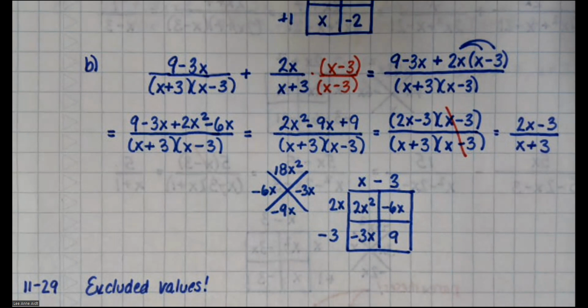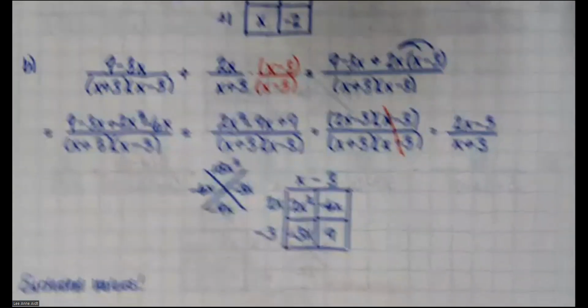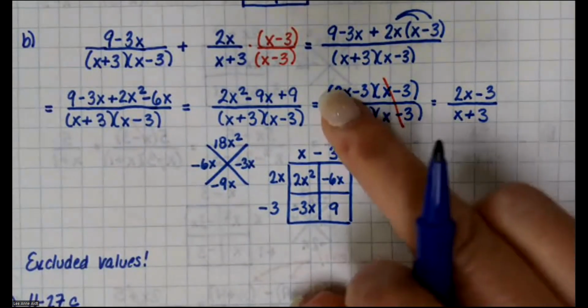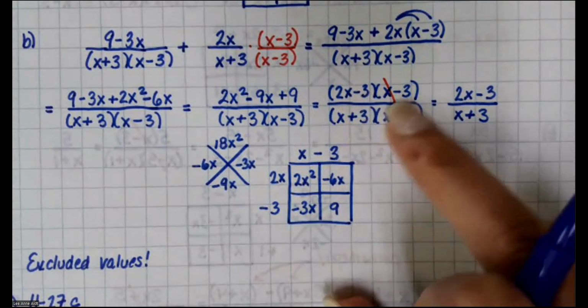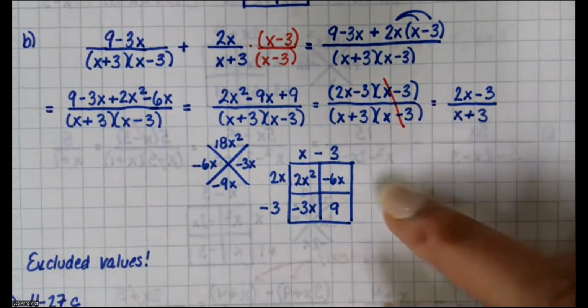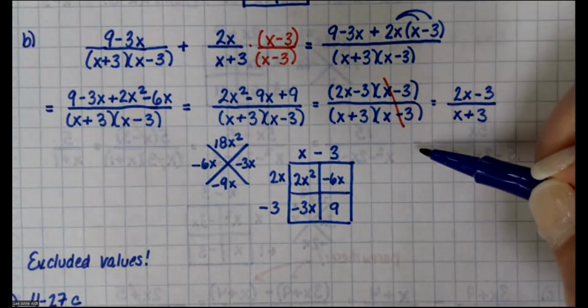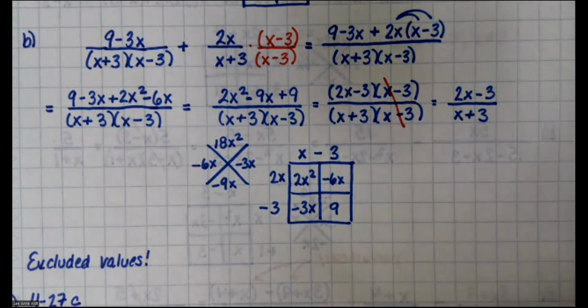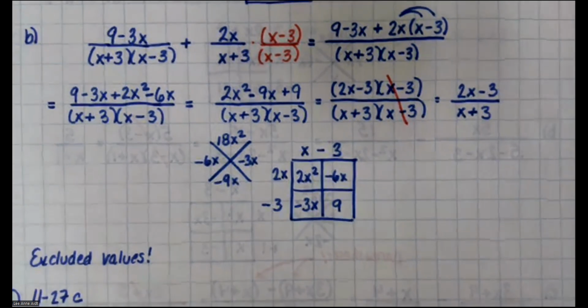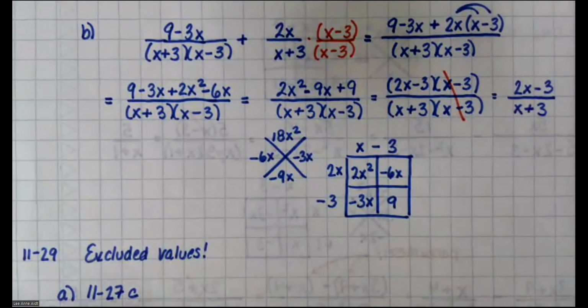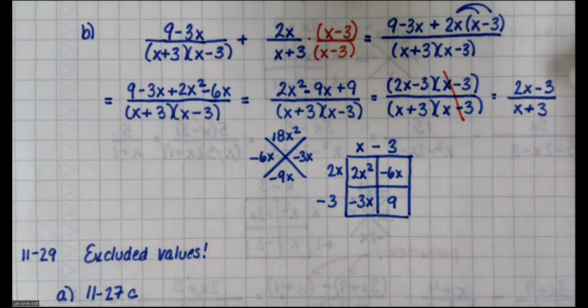You have to ask the right questions. Okay. All right. So I got 2x minus 3, x minus 3 for my factoring. Made a giant one out of the x minus 3s. And then 2x minus 3 over x plus 3 was my final answer. Any questions about B before we move on? Did you do it? You did get it?